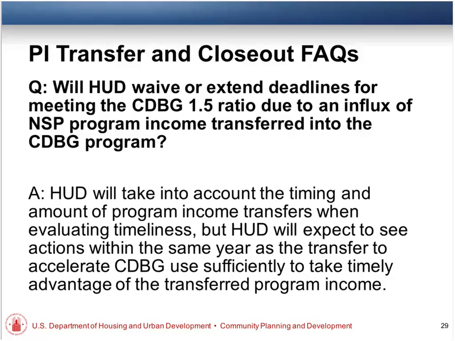What we're basically saying is the amounts may get looked at in the timeliness test, but when we consider the corrective actions, we're going to take a different view if it was the result of an NSP transfer, at least for the first year, and we just want to see that you have a plan to accelerate to get through that additional funding.